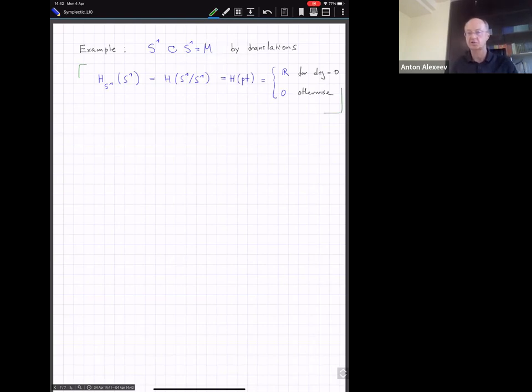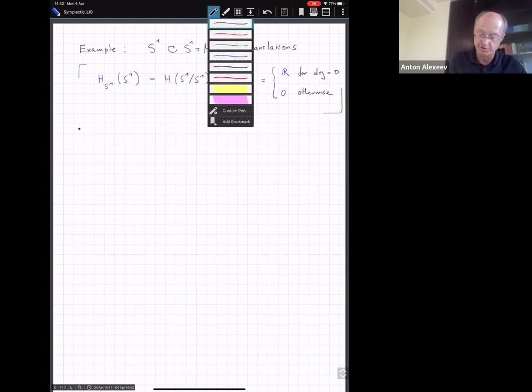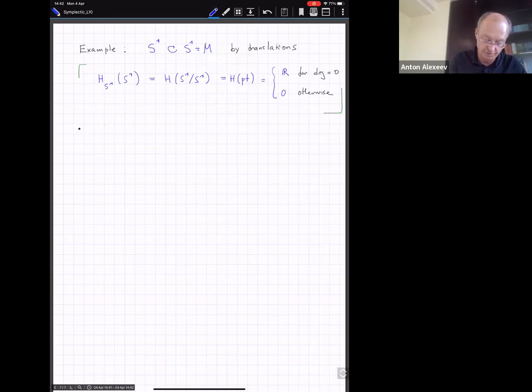Now let's see what Cartan theory is telling us. Maybe the first thing, just to make sure: H_S1 of a point is simply equal to S of Lie of S1 star, the symmetric algebra of the dual.